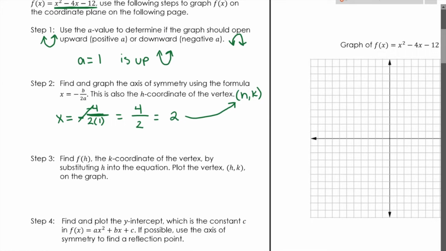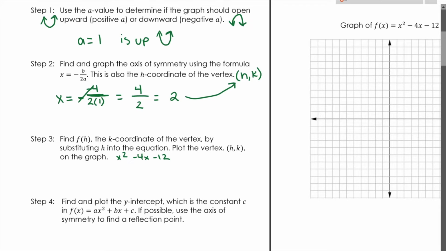So I use the problem above, x squared minus 4x minus 12. All I'm going to do is plug in that first number that we just figured out, this 2. Every time I see an x, that's what I'm going to plug in. So let's do that. I have 2 squared minus 4, I see another x, times that by 2, minus the 12.